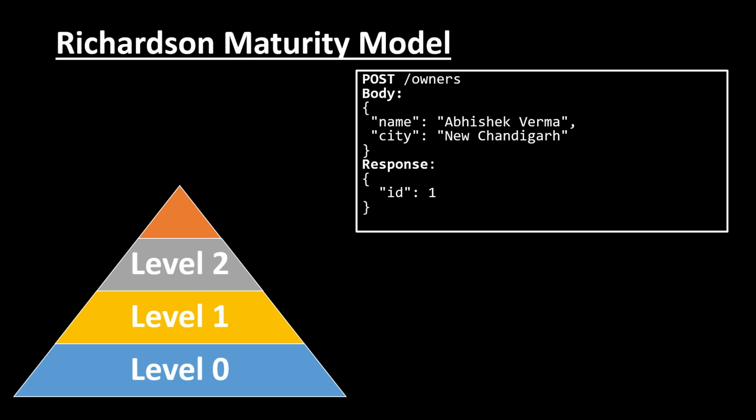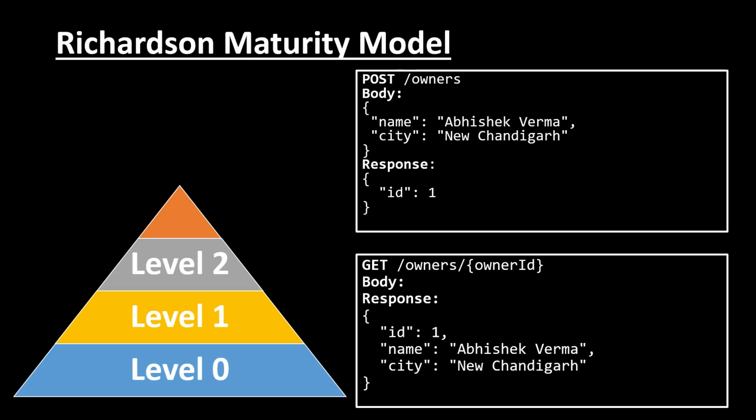And in level 2, what we say is that your post is going to look something like this. Now in the URL, you can just simply say /owners. And most of the time you see that we have been doing something like this only. In the body, you can provide the owner resource. Then in the response, you can get the integer resource. Yeah. And your get APIs are going to look something like this.